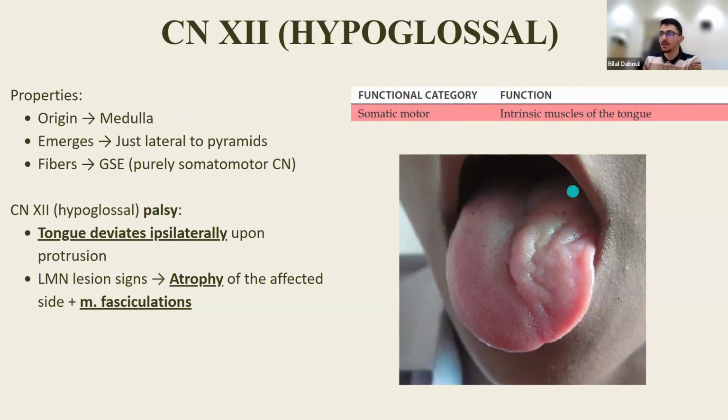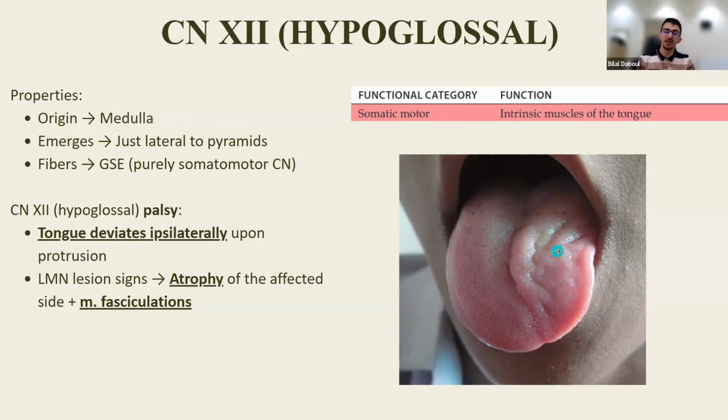I have left-sided deviation of the tongue. So this simply means that this half of the tongue is dysfunctional due to a lesion in the hypoglossal nucleus or the hypoglossal nerve. So that's a left-sided hypoglossal nucleus lesion, or a left-sided hypoglossal nerve lesion.